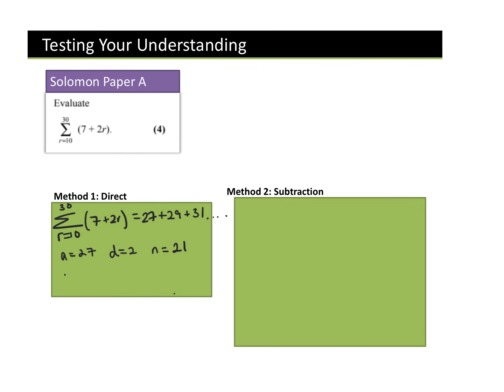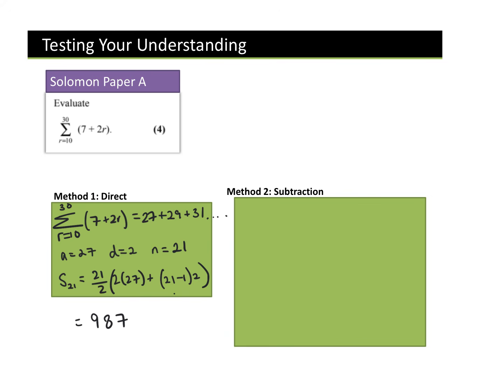I can now find the sum of the first 21 terms, which is N over 2, lots of 2A plus N minus 1, multiplied by D. I put this into the calculator, I'm going to get 987.